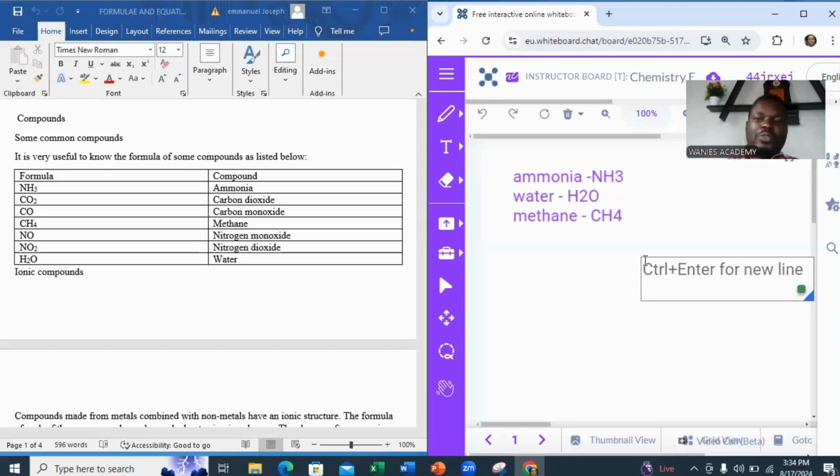Before we do that, we have to take note of some basic rules. The first is, when you look at your periodic table, from group 5 to 7, the elements there are typically nonmetals. And now these nonmetals, when they combine with other elements, the ions they form have the suffix -ide.